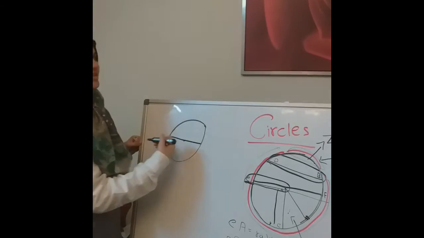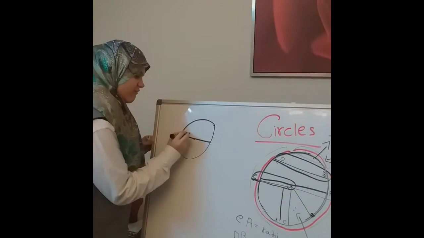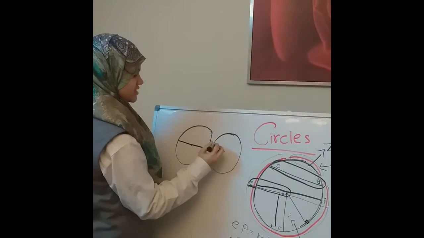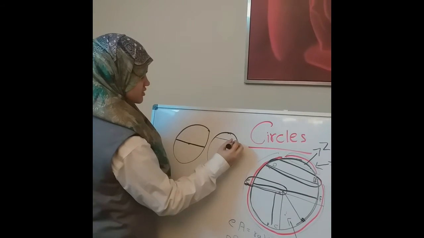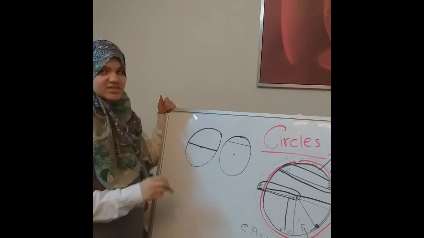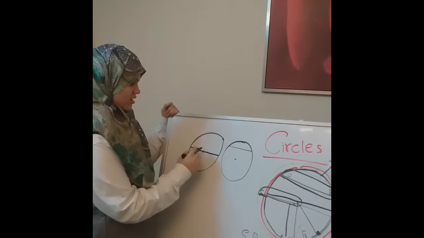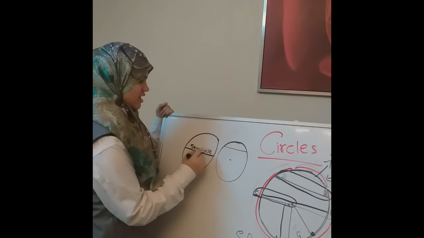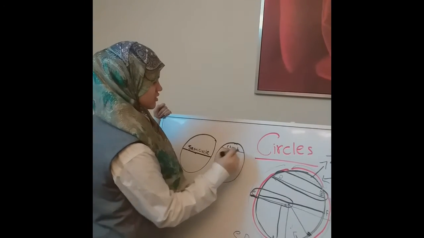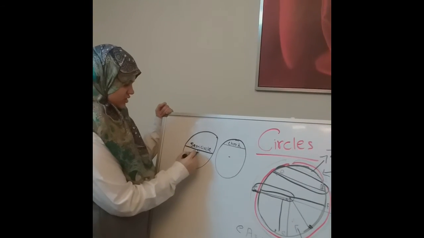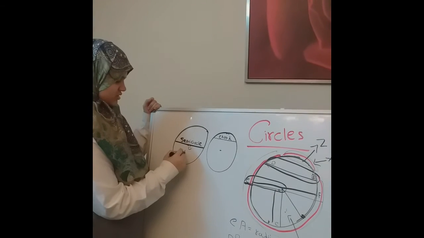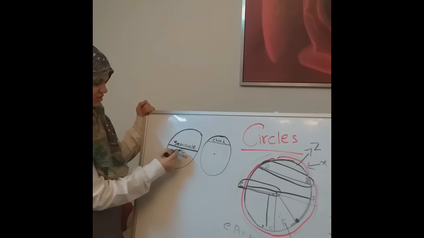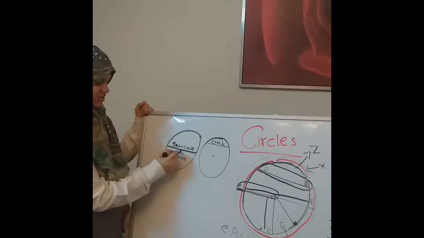Semicircle is like a diameter, but it is half of the circle. But a quadrant, as we know, is a quarter of the circle. Okay, there is a difference between semicircle and quadrant. Okay, and also it is a diameter because it's at the center point.